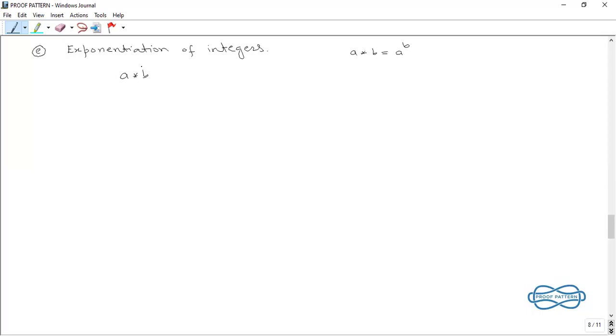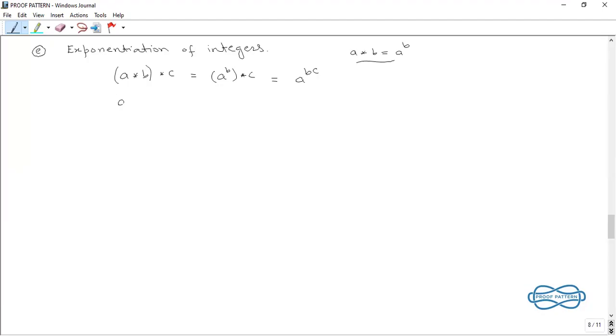So if we take (A star B) star C, if we solve the inner bracket, this will be A to the B star C according to this definition, and then this will be A to the power BC according to the definition.